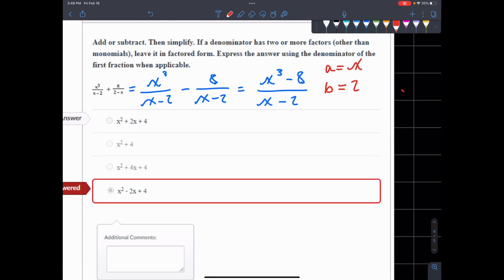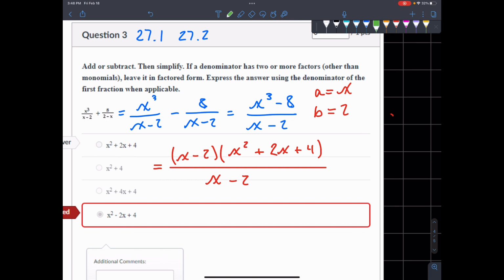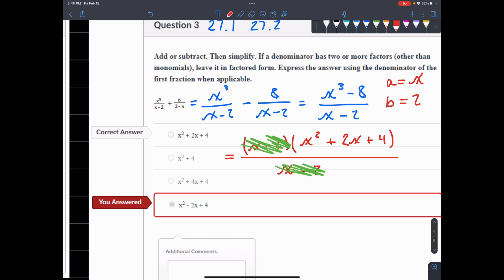So then we have the new equation, x minus 2 times x squared, I believe, let's just double check, yes, plus 2x plus 4, all that over x minus 2. And what I see is that these cancel out and these cancel out. So those two cancel each other out. And what we're left with is x squared plus 2x plus 4, which is going to be this answer right here.